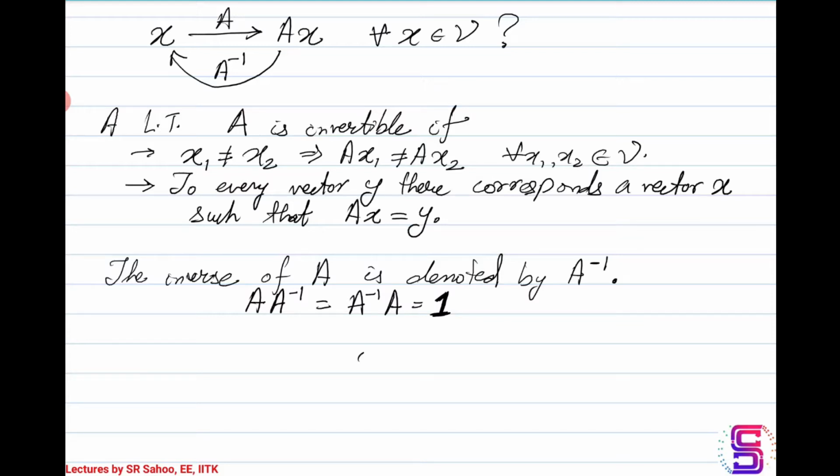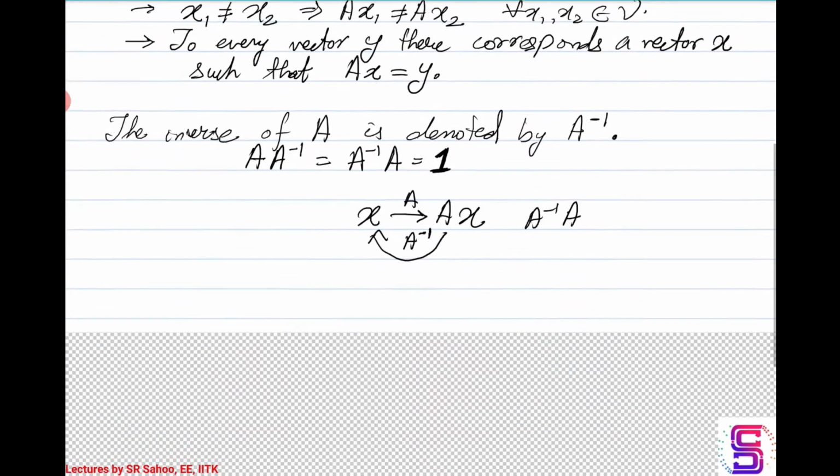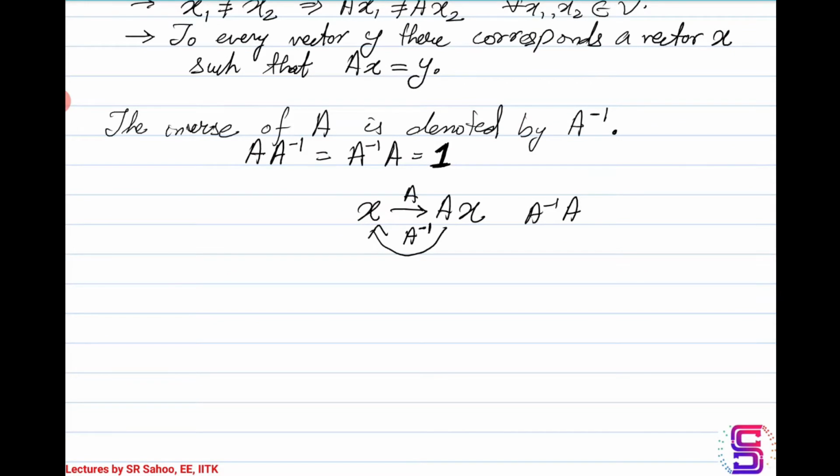So if you take this operation, A inverse A, or you take this operation, A A inverse, you always get back the same vector x.